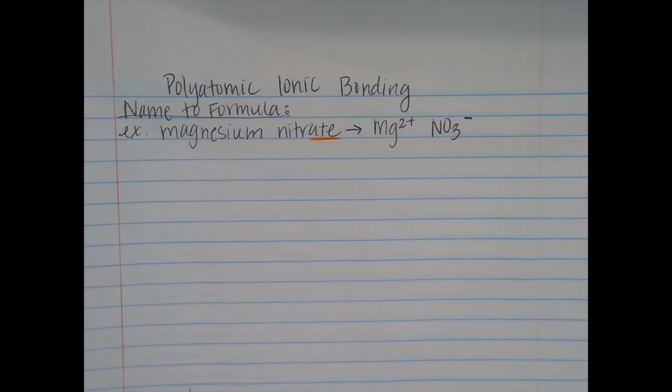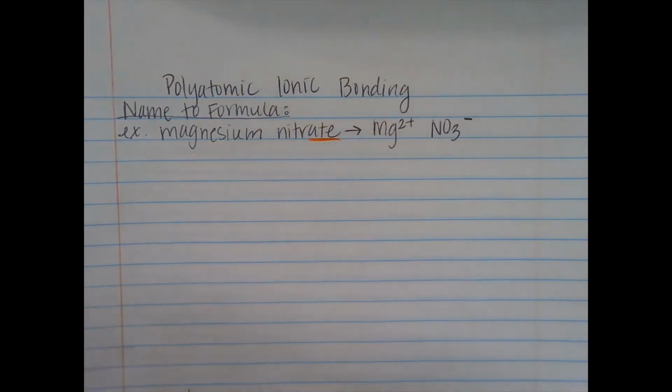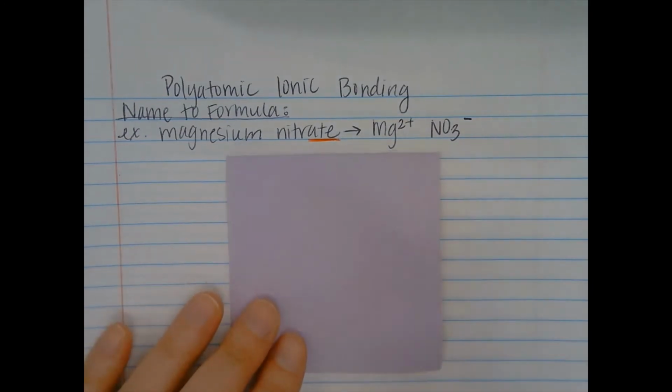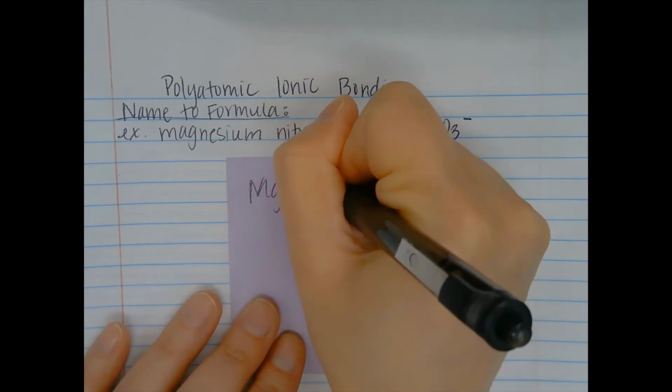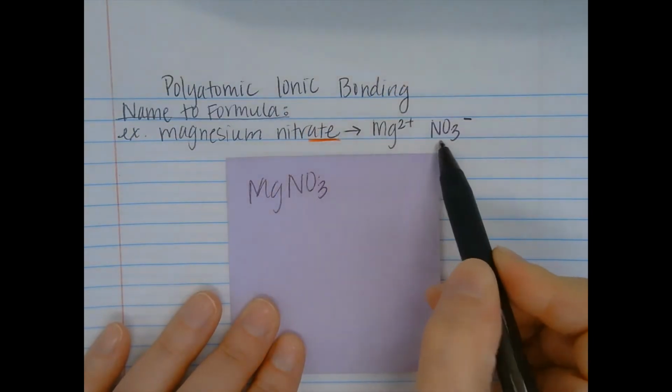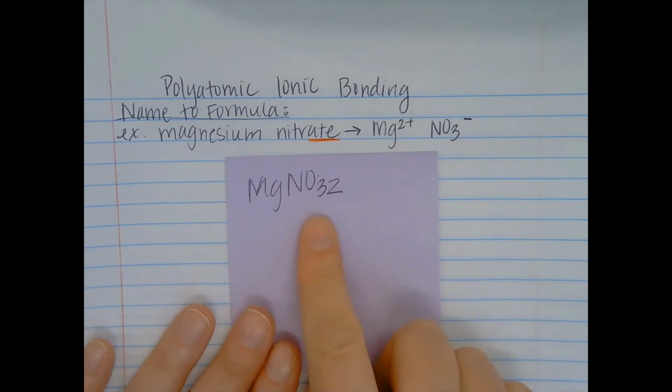So if I think about how I'm going to write this as an actual compound, if I just crisscross these charges, then I have Mg, NO3, and if I crisscross them, then I would have 2. Does this look right to you?